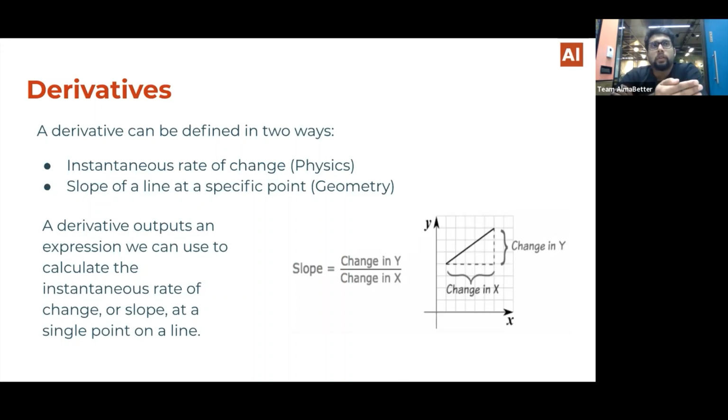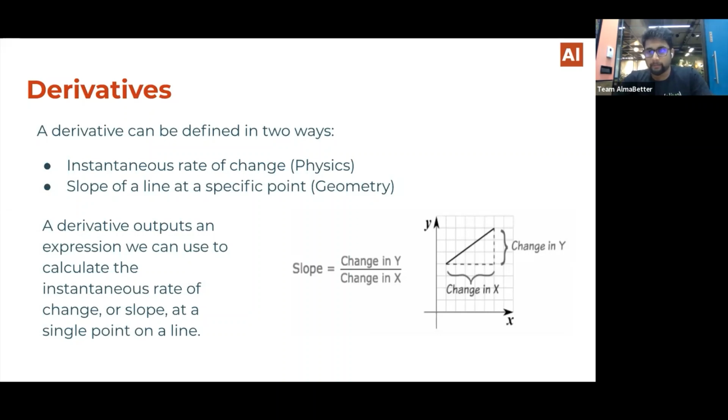But when you talk about instantaneous rate of change, when you divide the total distance by the total time, you get the average speed. Let's say you moved from point A to point B, the distance is 1 kilometer, and you took 1 hour. So your average speed is basically 1 kilometer per hour.